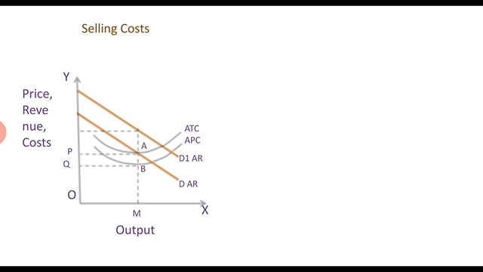So the firm has the chance to increase its price to OP1. Now the firm gets profit of the rectangle PAEP1.